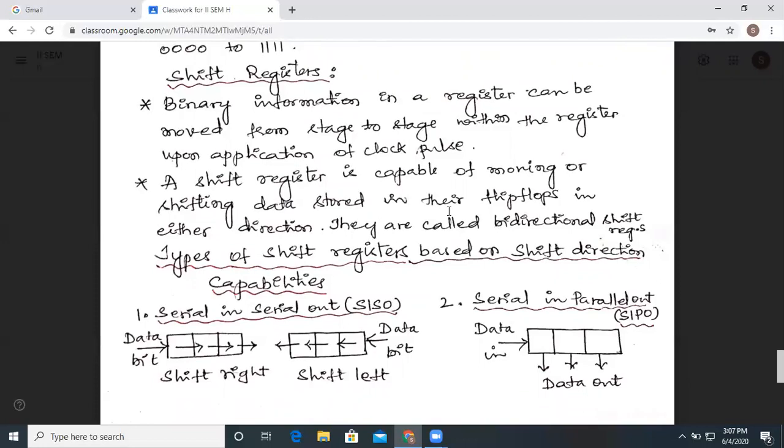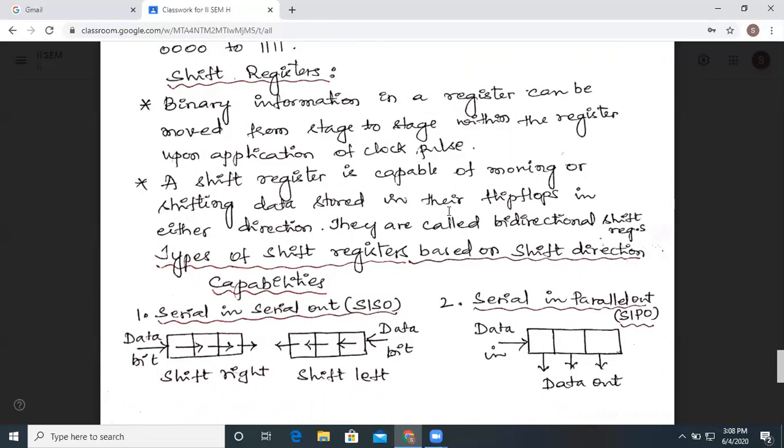In order to do that, we have to apply the clock pulse. So how we transfer that information is by the application of the clock pulse.